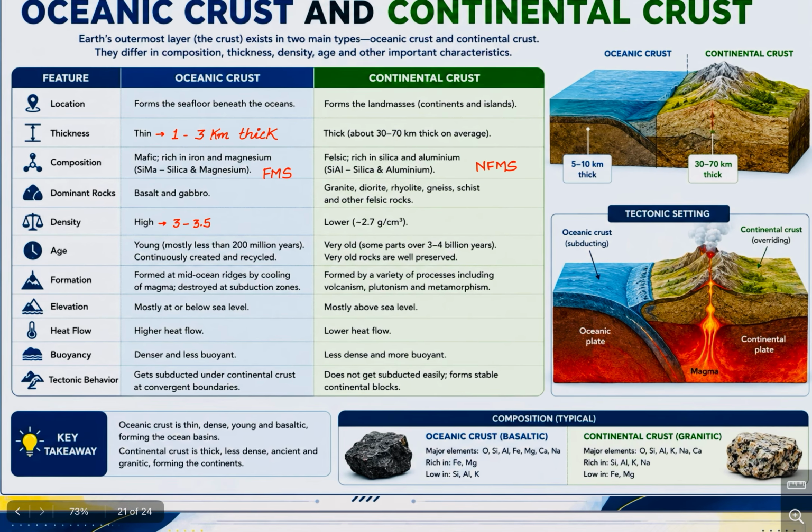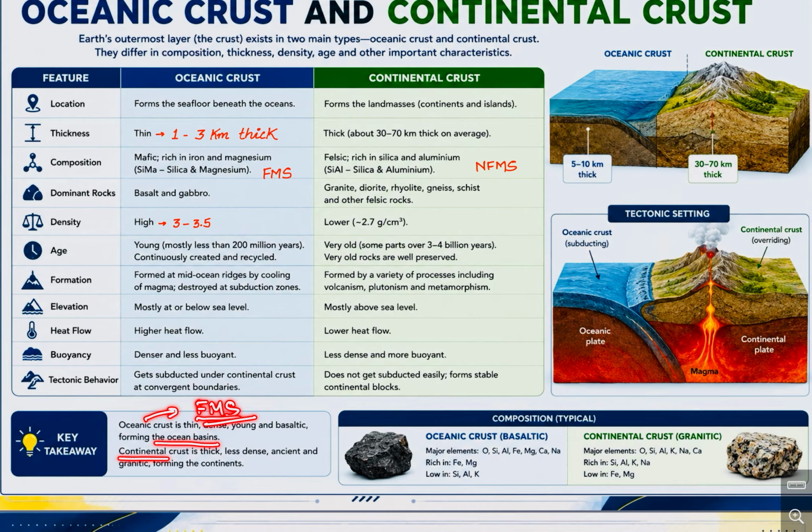Now let us summarize it quickly. The key takeaways are: oceanic crust is thin, dense, young, basaltic, and forms the ocean basin. Plus, it is composed of ferromagnesian silicates.